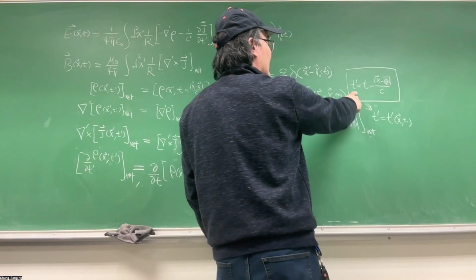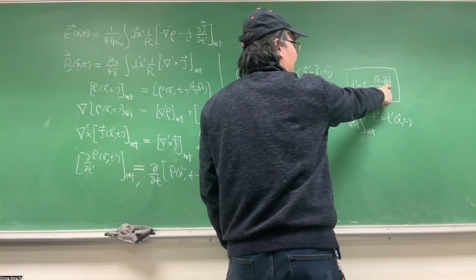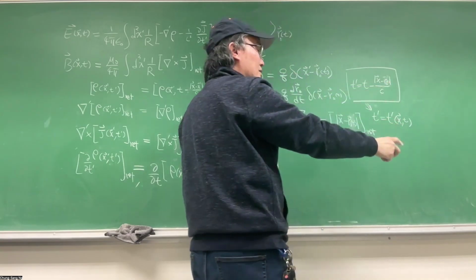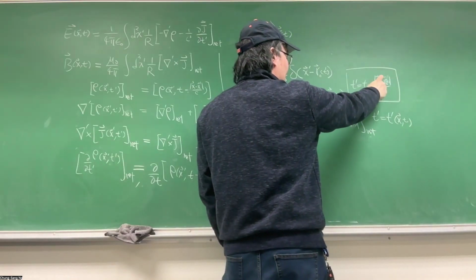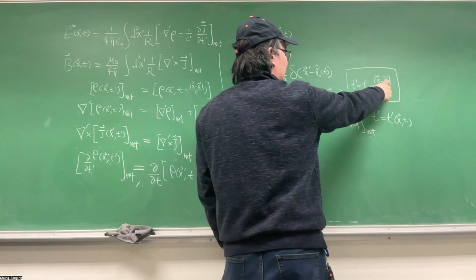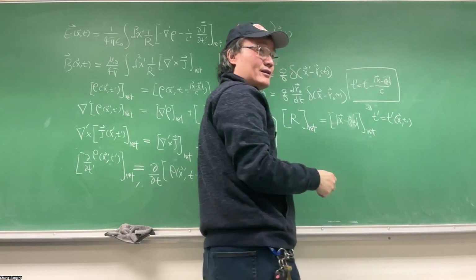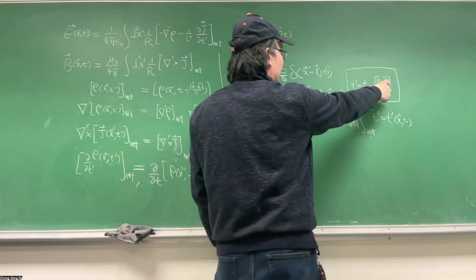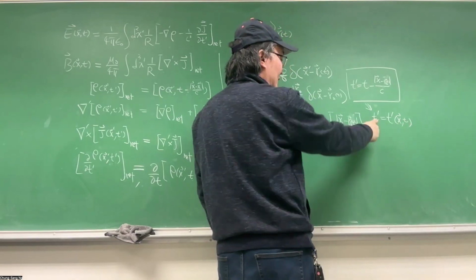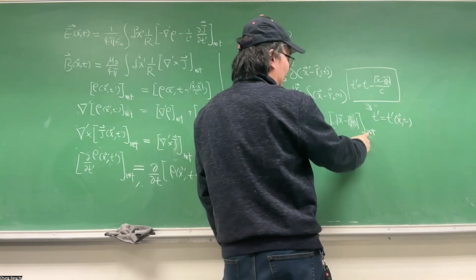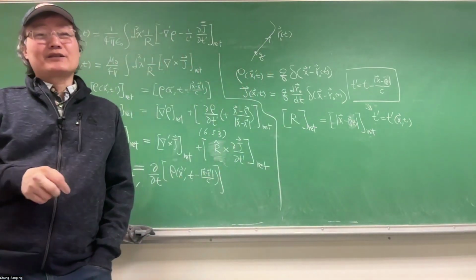It's an implicit equation: you have t prime here, and there's a t prime in the r sub 0 trajectory. So given the r sub 0 trajectory, and obviously x and t, you solve for the t prime. That is the retarded time for a given x and t. So the retarded time is a function of x and t, and then you substitute back to here, and that allows you to evaluate the bracket.